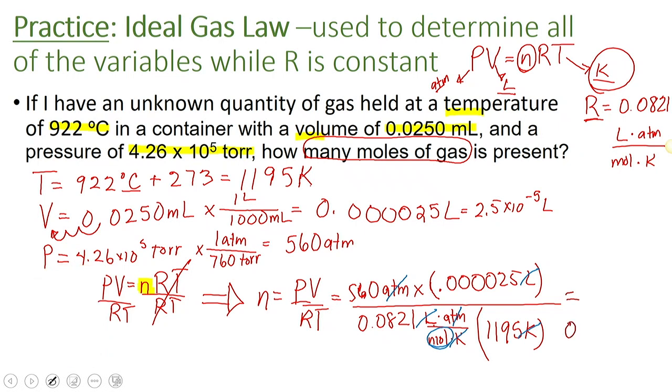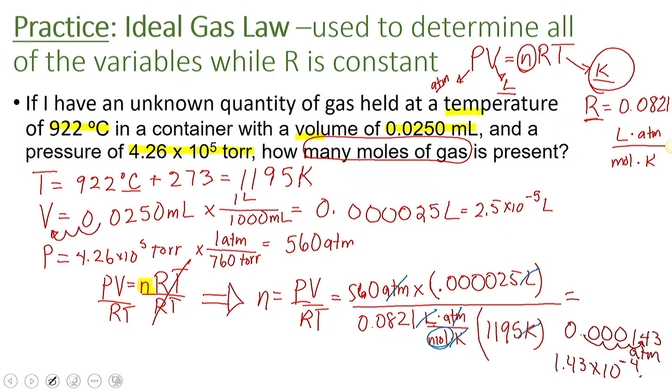So 0.000143 moles. If we want, we can put this into scientific notation. 1.43. We've got to move our decimal place 1, 2, 3, 4 spots. So 1.43 times 10 to the minus 4, because it's a number that's less than 1.